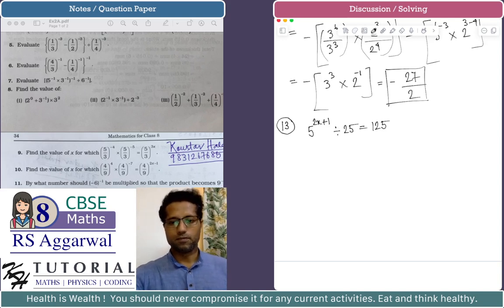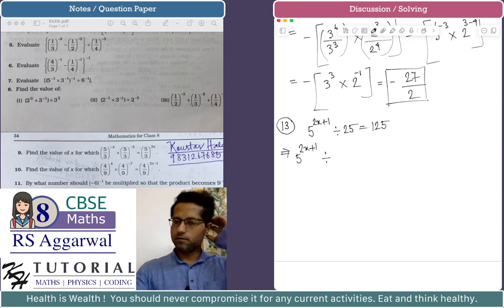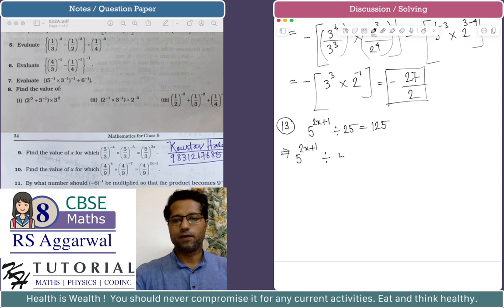So we have 5 raised to the power 2x plus 1 divided by 25, and we have to convert everything to base 5. So 25 is 5 square. This is equal to 125, which is 25 square, which is equal to 5 square whole raised to the power 2.